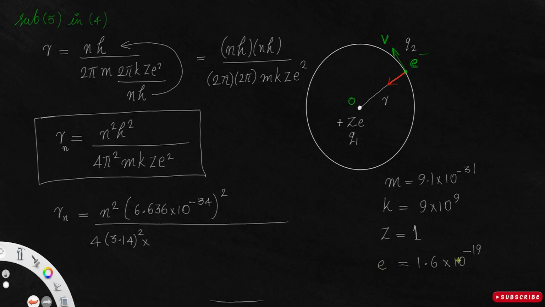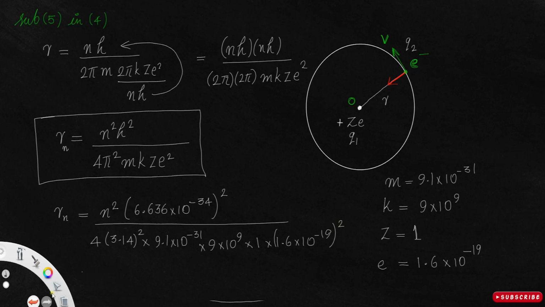Charge of the electron and proton are the same. Okay, plug in all these values in here, you will get 9.1 into 10 raised to minus 31 into 9 into 10 raised to 9 into Z, which is 1, into 1.6 into 10 raised to minus 19 square.